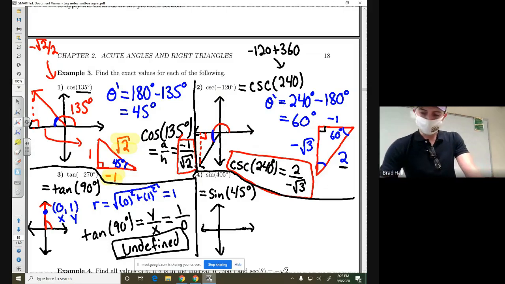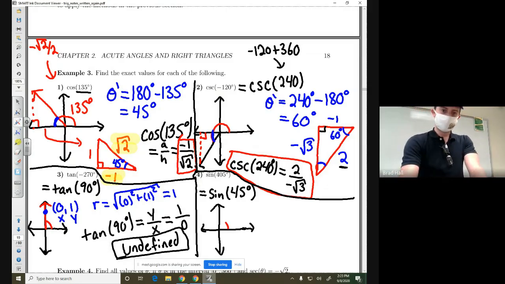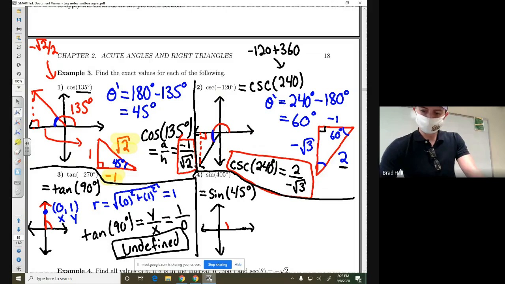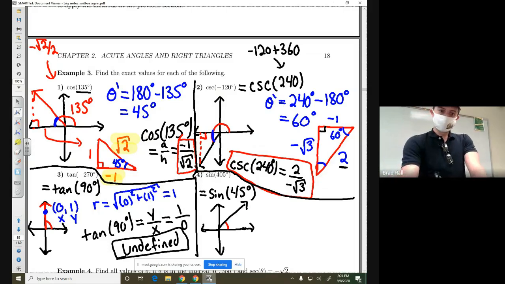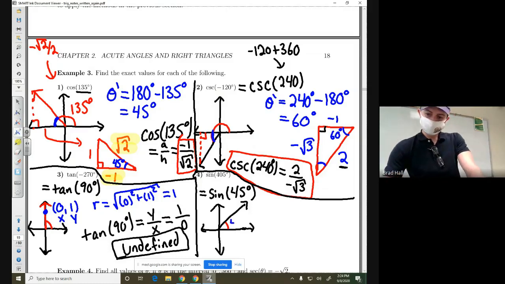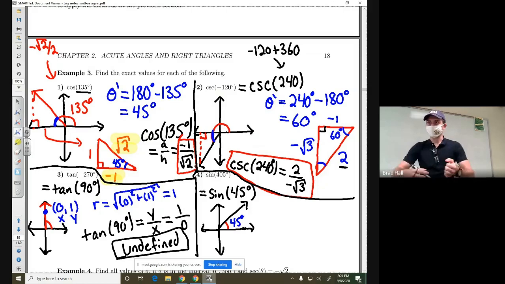Now 45 degrees, it's right smack in the middle of the first quadrant. And what's good about being in the first quadrant is that your angle is your reference angle. So there's none of this tedious having to subtract one thing from another or add one thing. You just get the reference angle in quadrant 1.